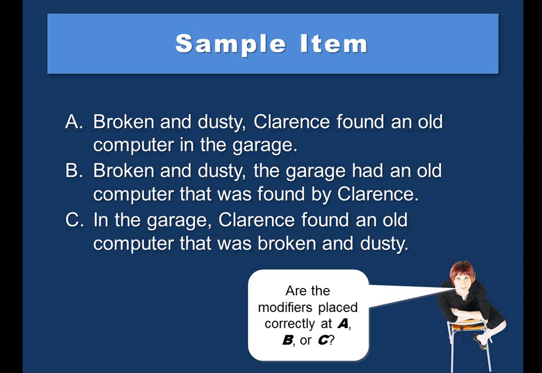So B is also eliminated. Follow the approach of elimination with these questions. Choice C now. In the garage, Clarence found an old computer that was broken and dusty. This sounds correct. Broken and dusty modifies the computer and not Clarence or the garage. So statement C is the most appropriate choice among the given options here.